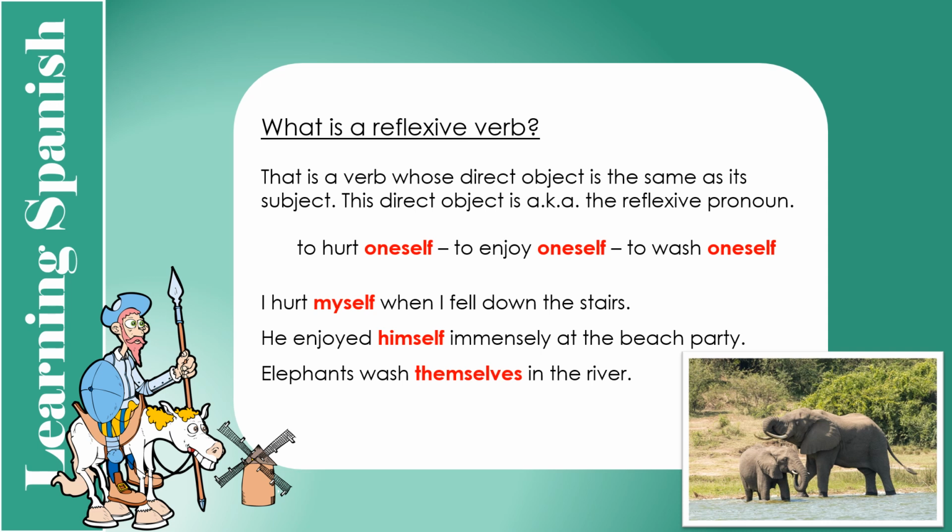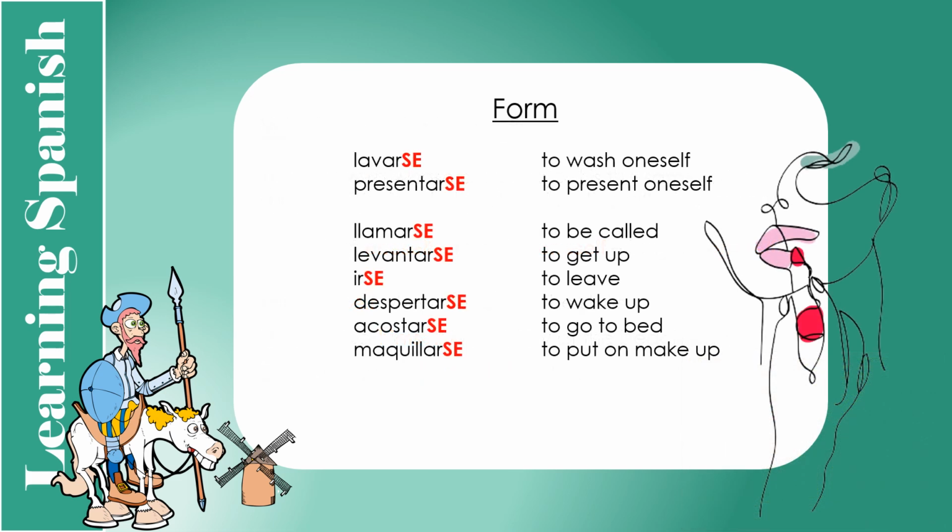Now, reflexive verbs are much more common in Spanish than in English, and many are used in everyday language. You can identify reflexive verbs by the verb ending, which always includes the reflexive pronoun se at the end of the infinitive form of the verb.